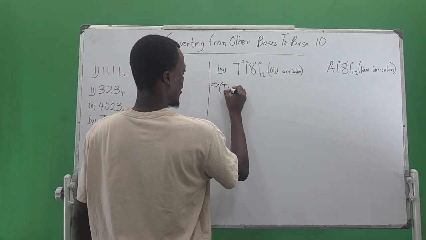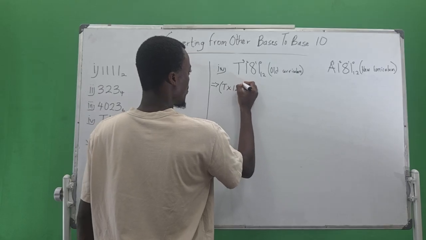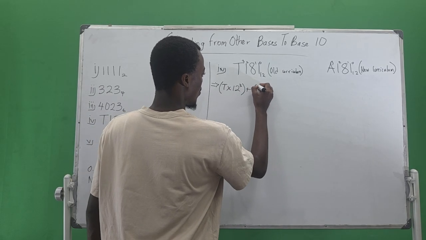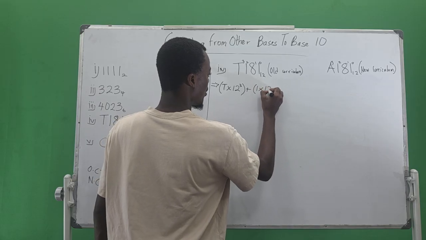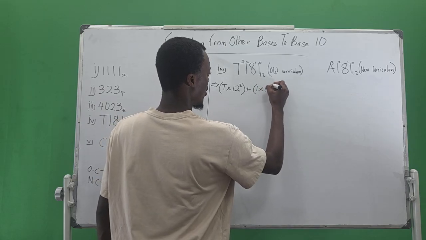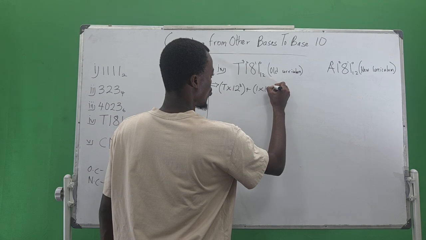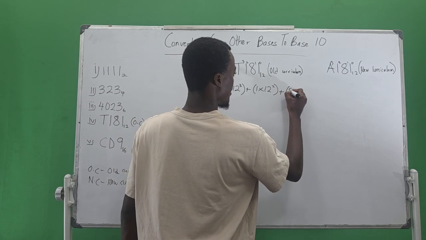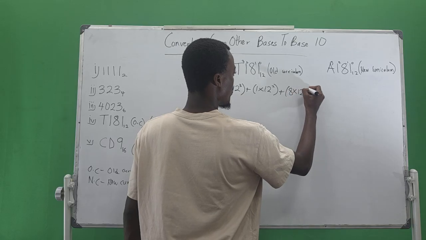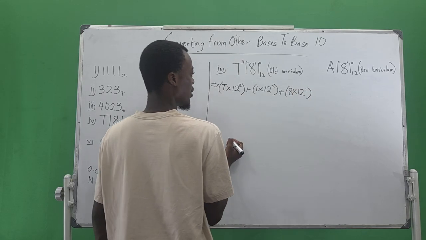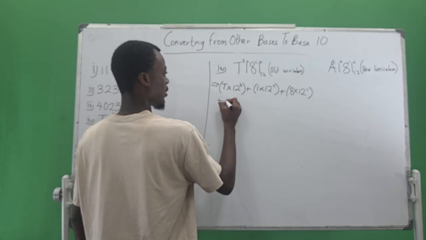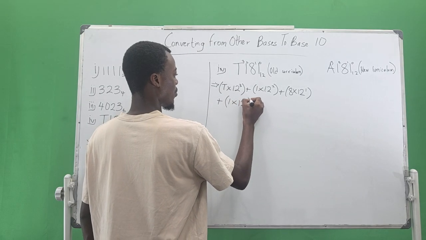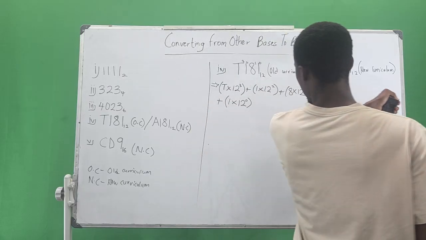T times what? 12 to the base of what? 3. Okay? Plus 1 times 12 to the base of what? 2. Plus 8 times 12 to the base of what? 1. Okay? Plus 1 times 12 to the base of what? 0.